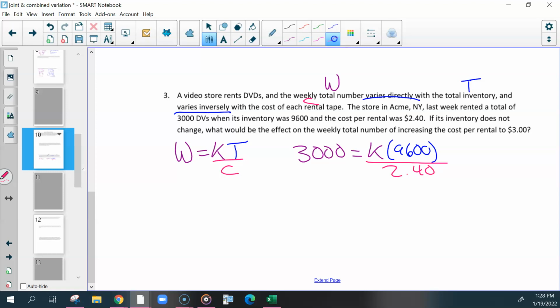So I said before we keep reading the rest of that, we can solve this part for K because we know we're going to need it. So you can do one of two things. Divide this first and then divide it again, or multiply and then divide. Either or, you're going to get the same answer.